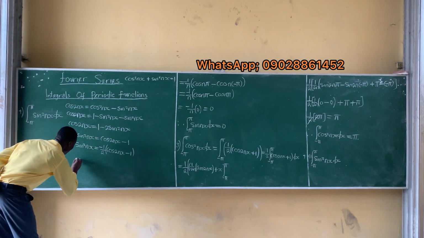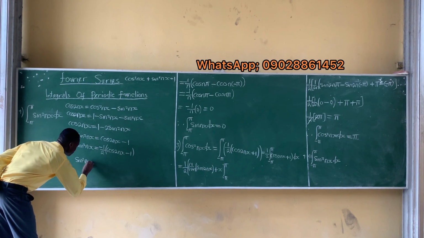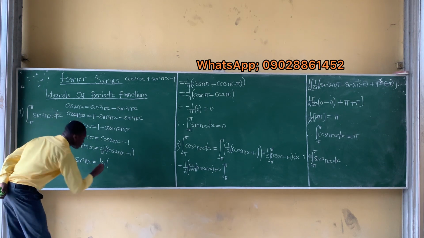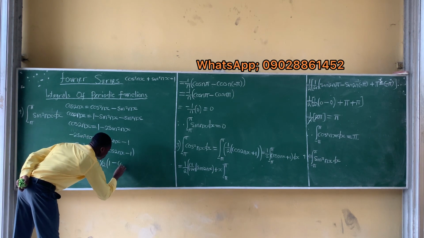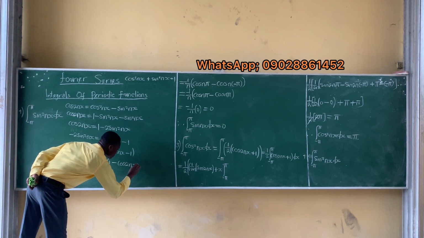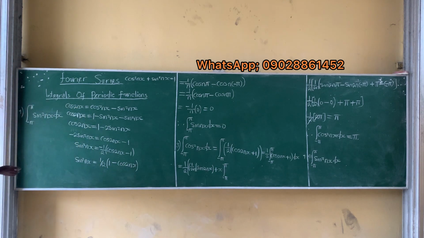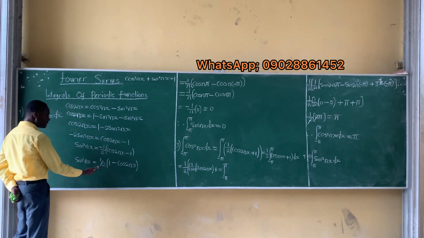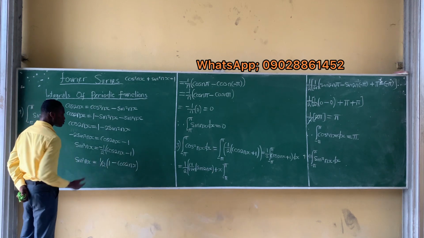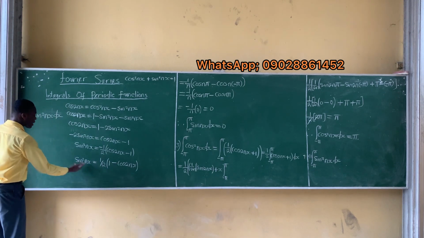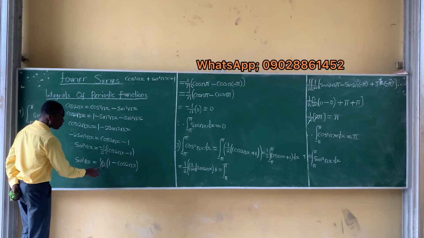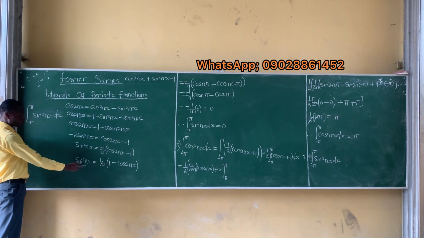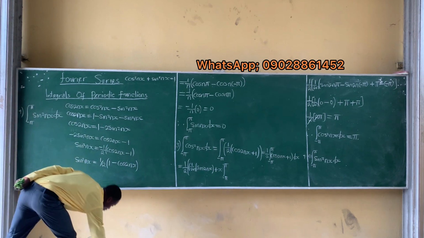So expand this, you have sine square nx equal to 1 over 2 into, this becomes minus, this becomes plus, 1 minus cos 2nx. So this is what we have. So instead of integrating sine square nx, we can just go ahead and integrate 1 over 2 into 1 minus cos 2nx, because we cannot integrate sine square nx directly.